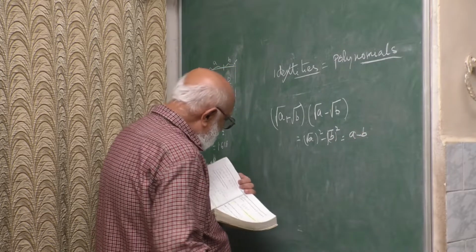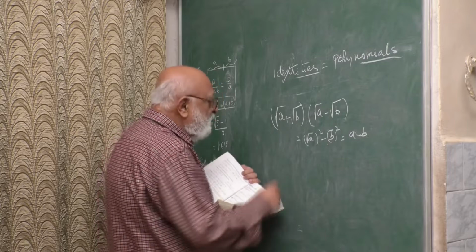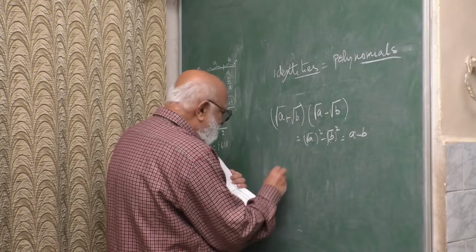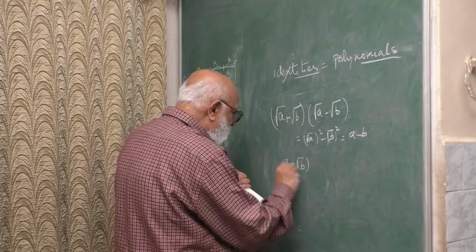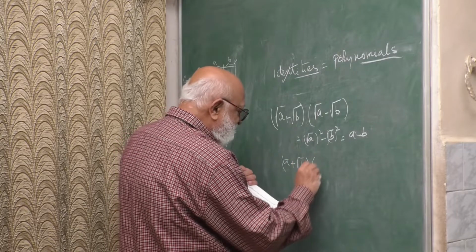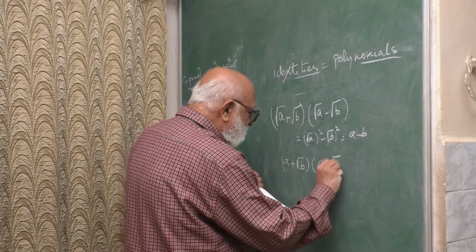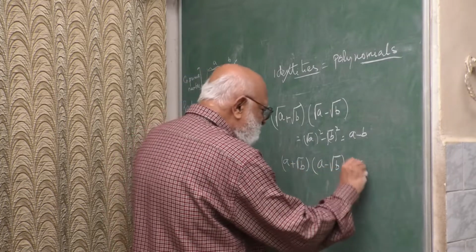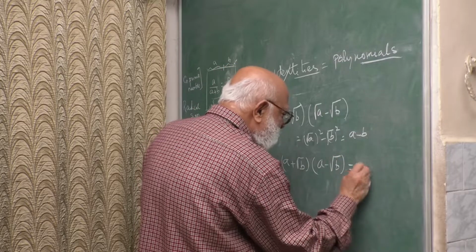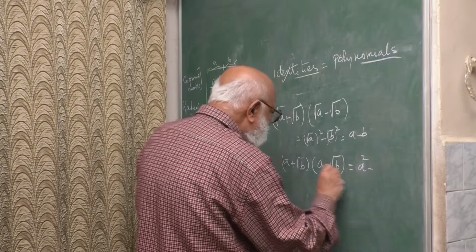Right. Now we can do it in the same vein, and we can do A plus root B multiplied by A minus root B. These are all from the book. You can check this one up. So this would be A into A, which is A square, minus B square.